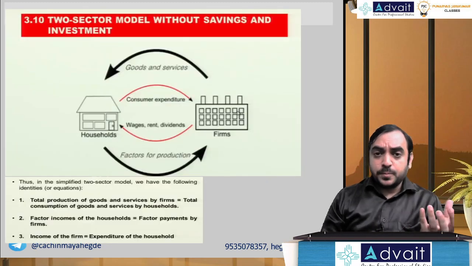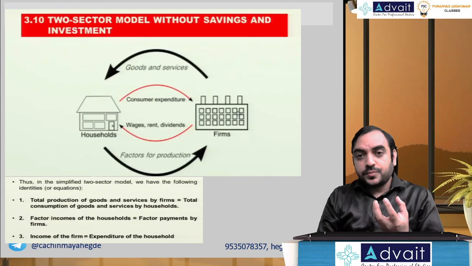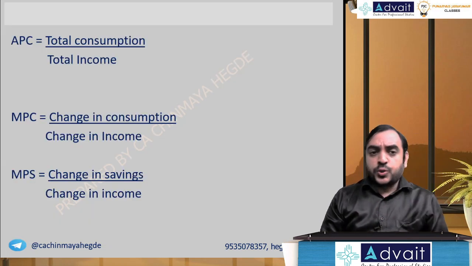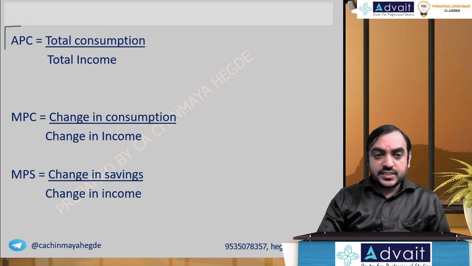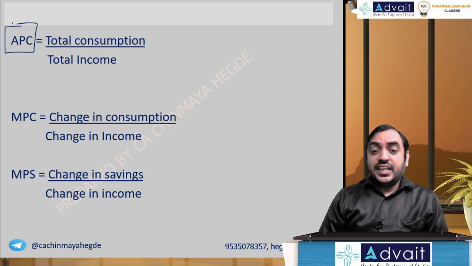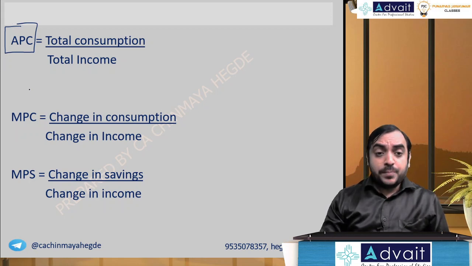One is income, other is expense. Income, we can say disposable income. Regarding that, please understand three terms. APC, that is average propensity to consume. MPC, marginal propensity to consume.